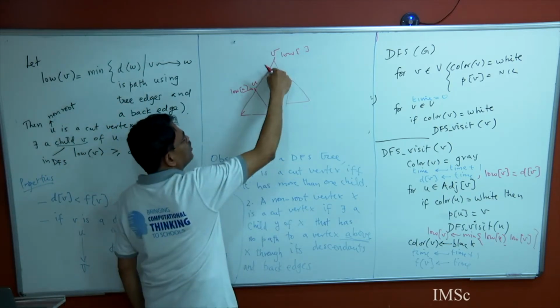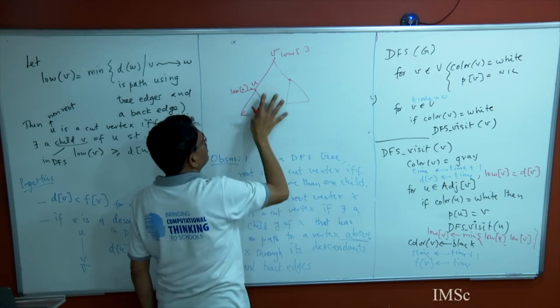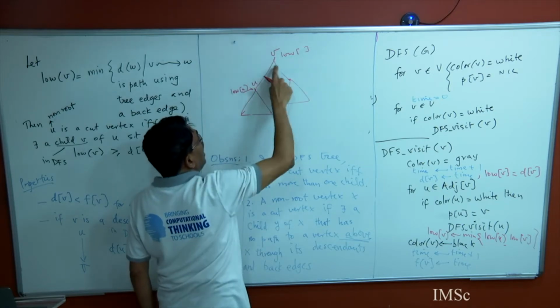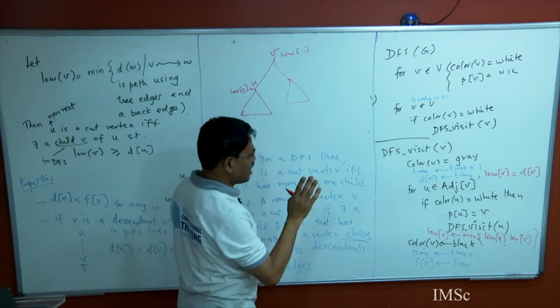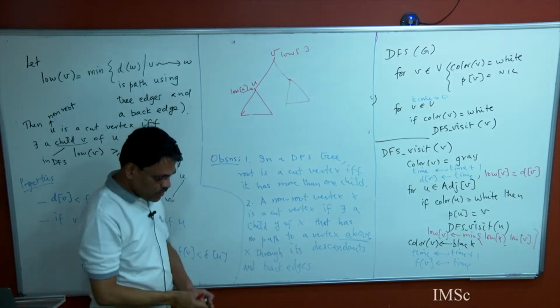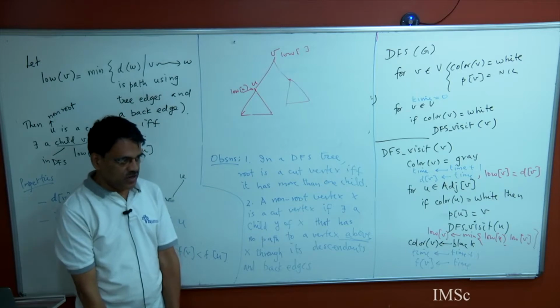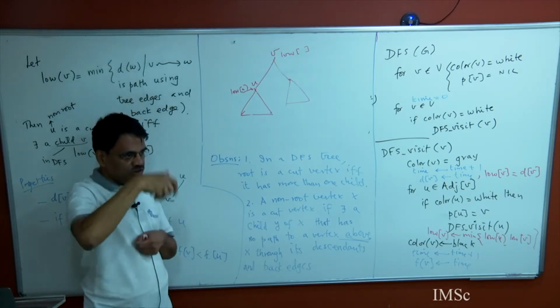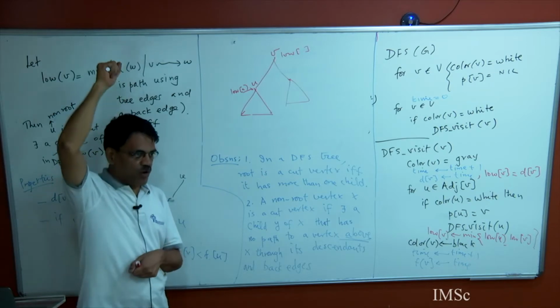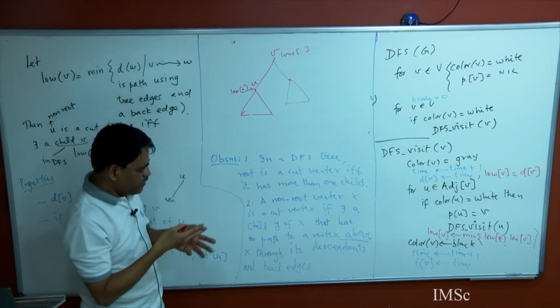Because anyway, I'm going to use the tree edge, and then whatever maximum I can go through this. And one more thing. It's not just the minimum of low values of my children. Through a back edge, I may reach above myself without even relying on my children. I can go up. So where would that come?